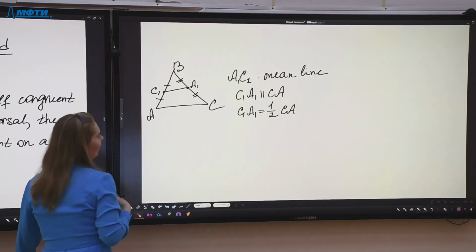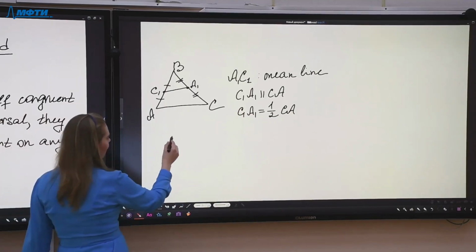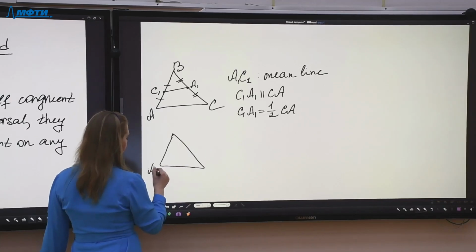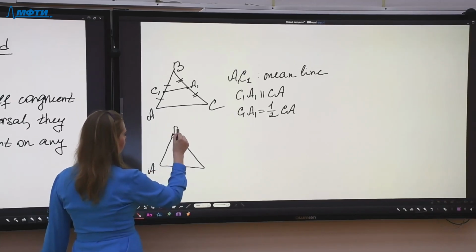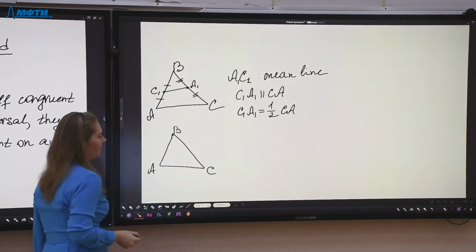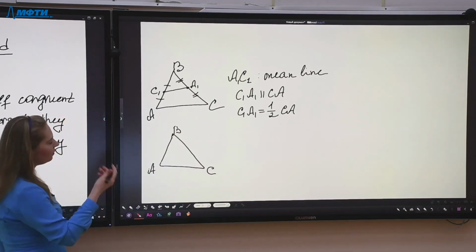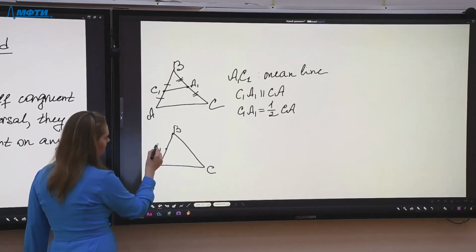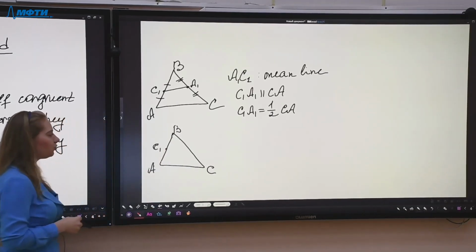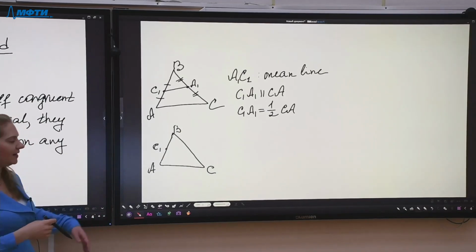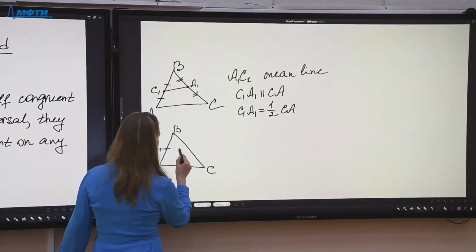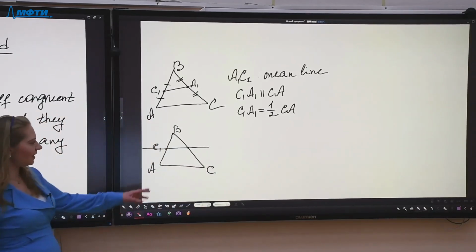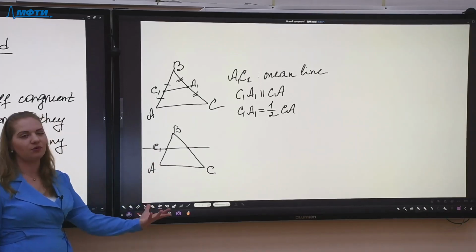And vice versa, if we take a triangle ABC, and we take a midpoint of, for example, AB here, C1, and we draw a line which is parallel to AC. This line intersects BC at a midpoint of BC.